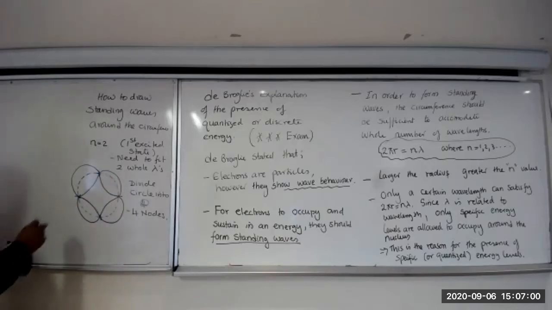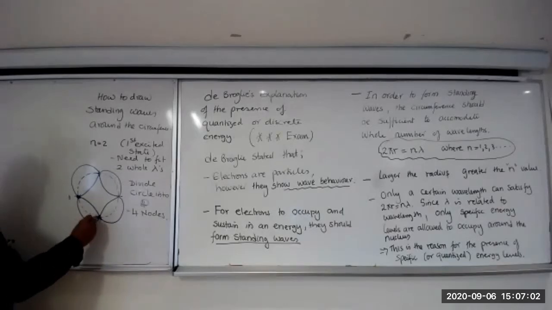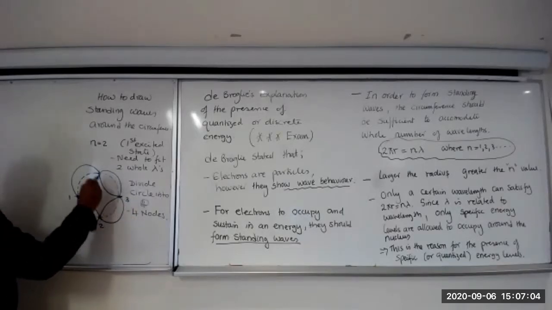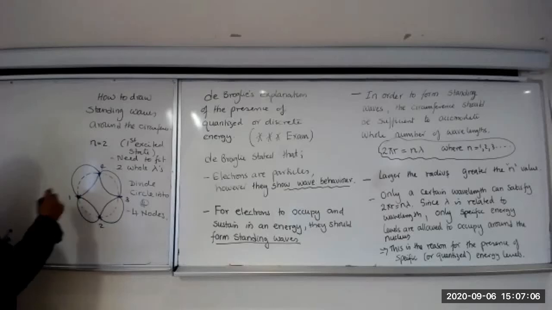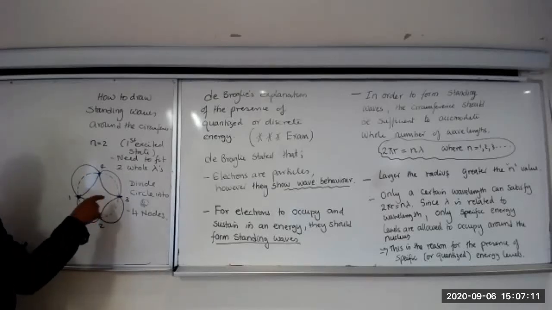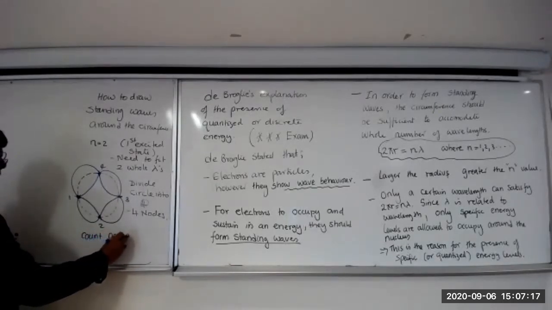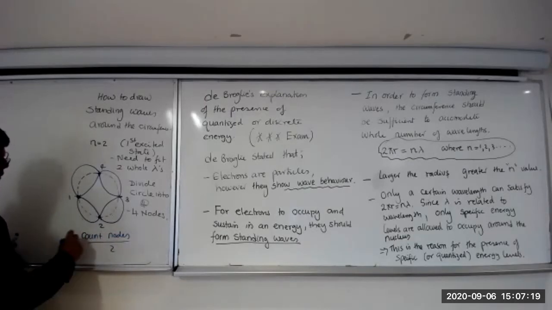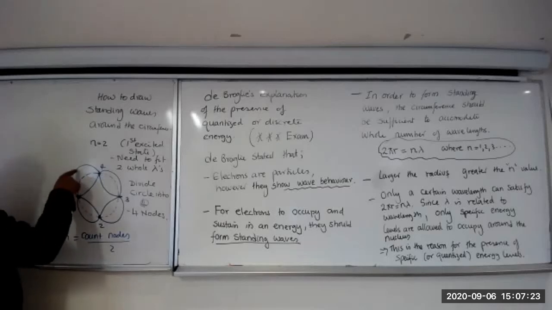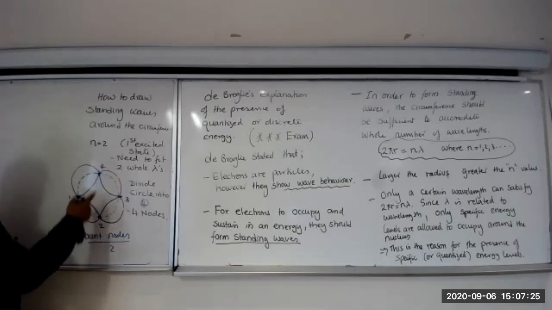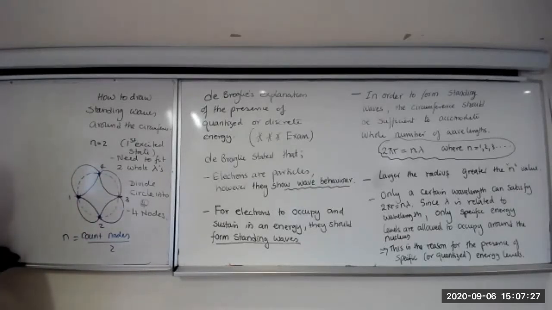That's n equals 2. You can see 1 node, 2, 3, 4. If they give the diagram and ask you to find which energy level, you can count the nodes and divide by 2. That will give you the n value. Or you can just count the bumps 1, 2, 3, 4 and then divide by 2. That works as well.